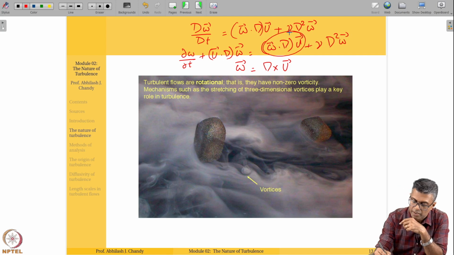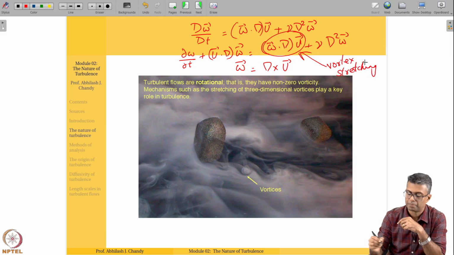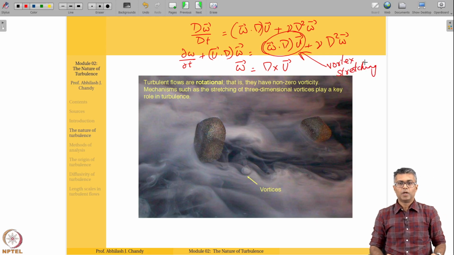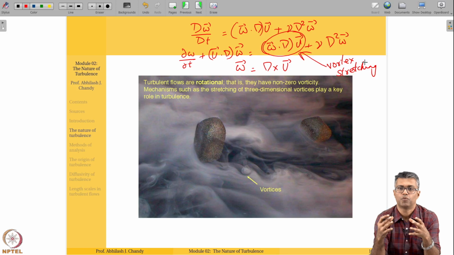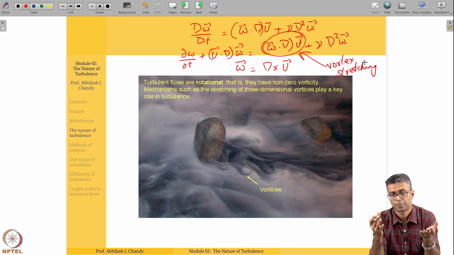This term here, omega dot del u, is the vortex stretching term. We now know that vortex stretching is primarily responsible for the breakup of vortices. So it has a big role to play in vorticity dynamics.